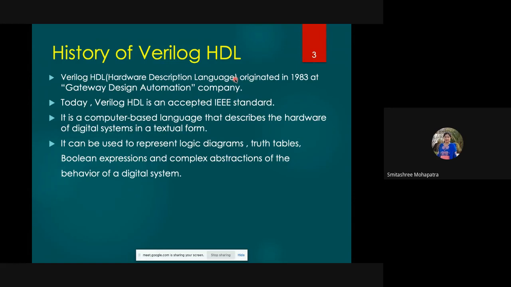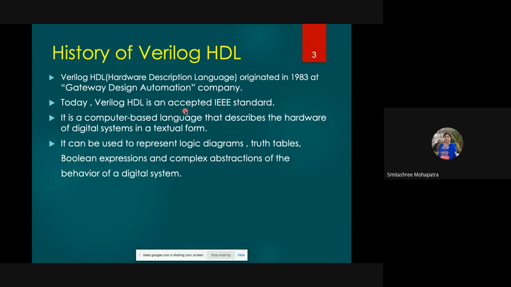You can design your hardware with the help of this language, and it originated in 1983 at Gateway Design Automation, a company that developed this language. Today we use Verilog HDL as an accepted IEEE standard, right?